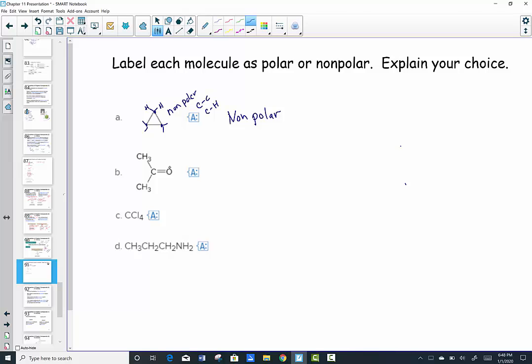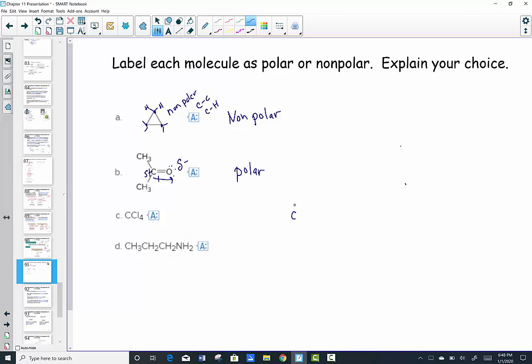In letter B, I notice a polar bond right off the bat where carbon double bonded to oxygen creates a very electron-rich area on the oxygen, leaving this carbon electron deficient, partially positive. Because it's an unequal distribution of charge, it is a polar molecule.